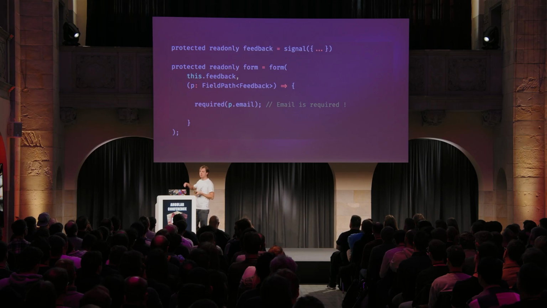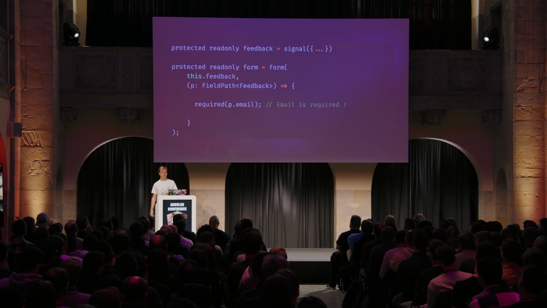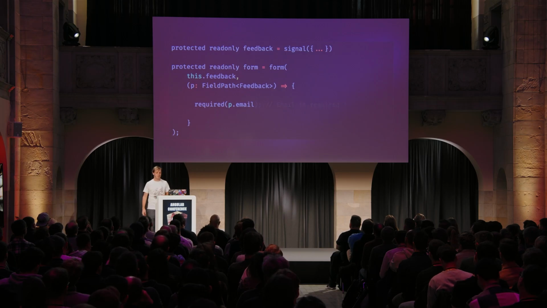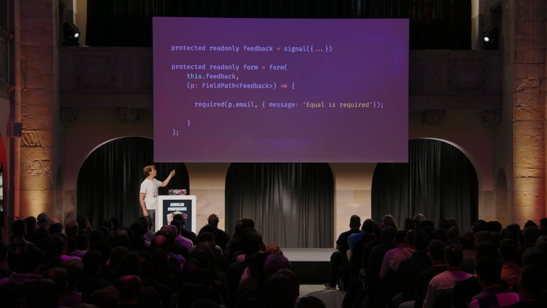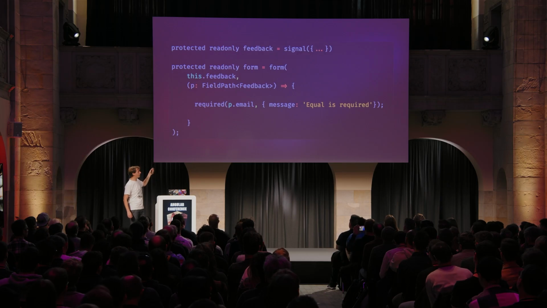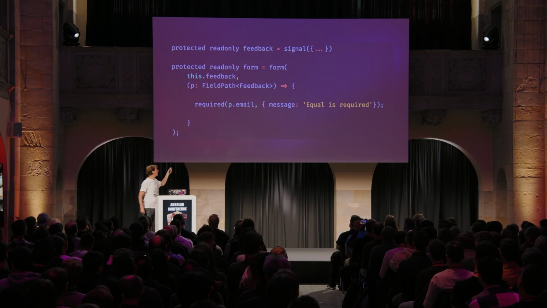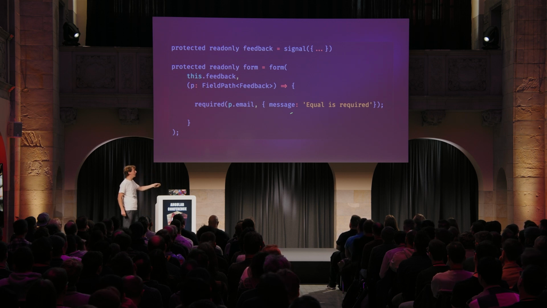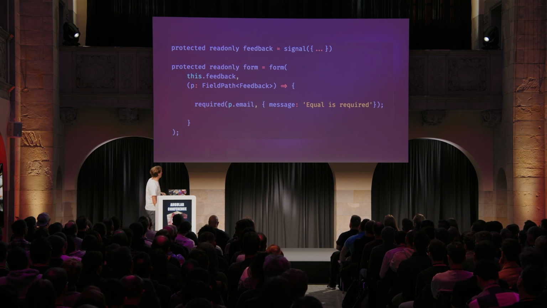The error messages had to be somewhere else, and the logic was very separate between the form and the message. Here, what you just want to do is add the error message directly to the rule you want to add. So here, required, and if you have an error, it will just show: email is required.